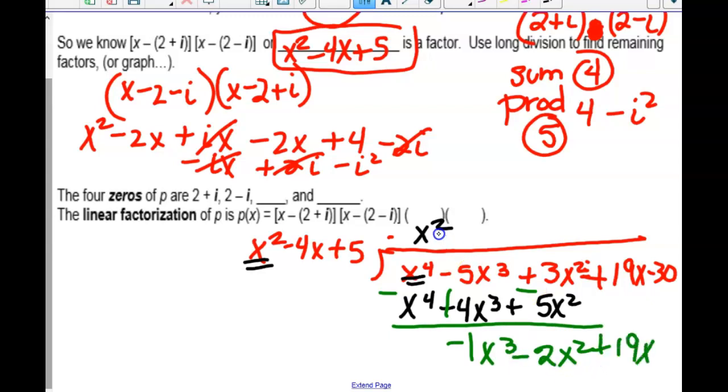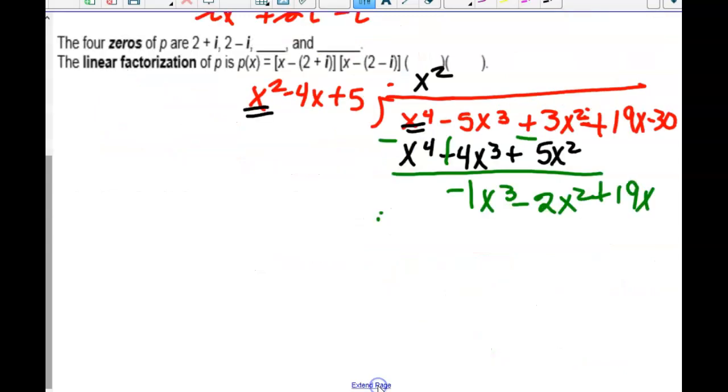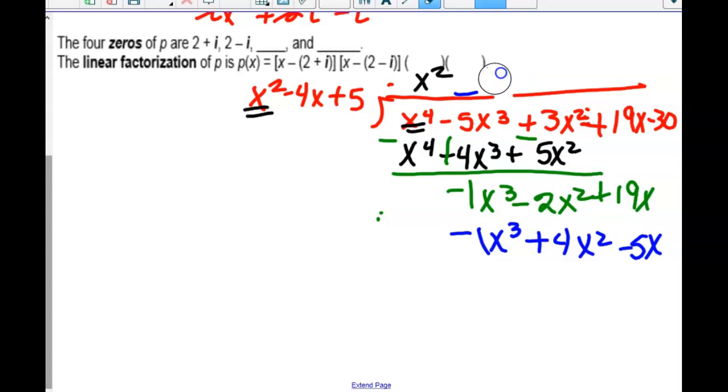Did I do that right? Okay, now what? To get a negative x cubed here, I would need to multiply back here by a negative 1x. That'll be a negative 1x cubed plus 4x squared minus 5x.